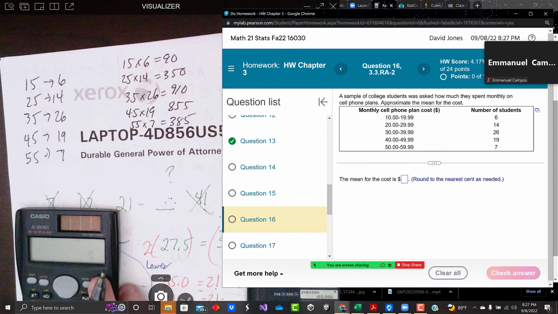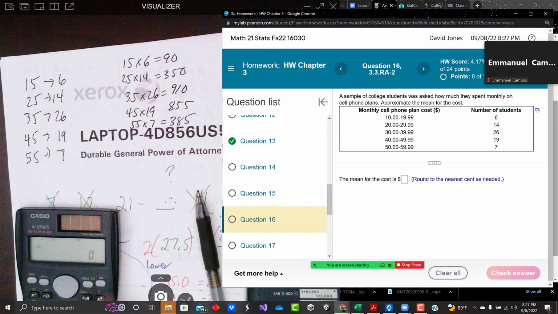So, what we do at this point is we add up all these values. Oh, I got an error right there. Put an extra 5 in.